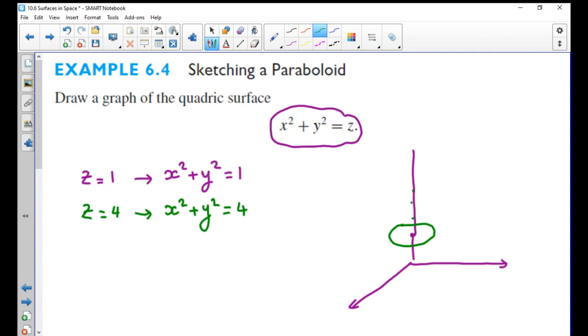So when z becomes 4, my circle now becomes a circle of radius 2, like this. And in the end, if you put all these circles on top of each other, what you will get is a shape which looks a bit like this.